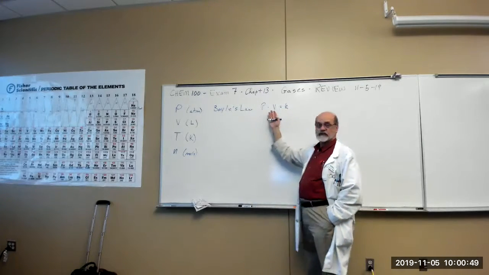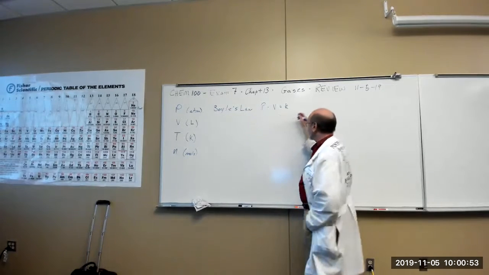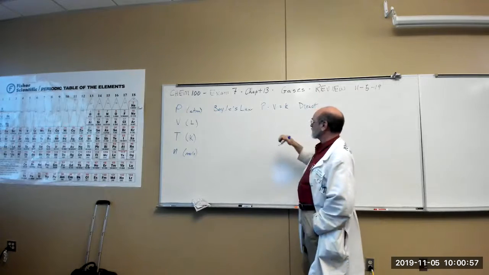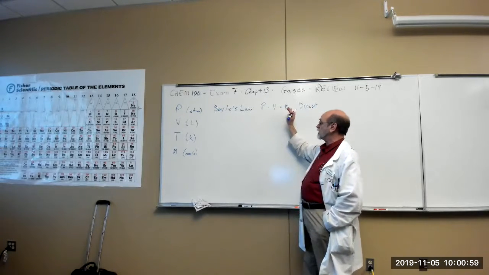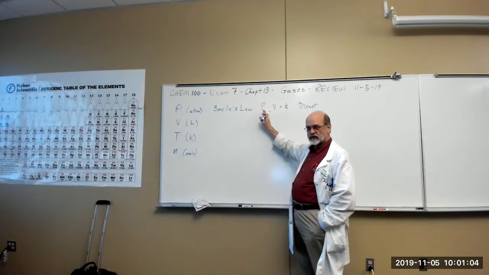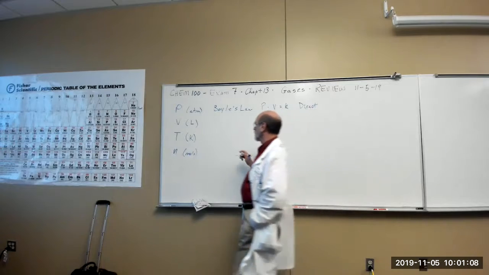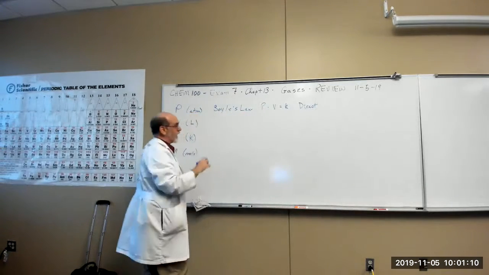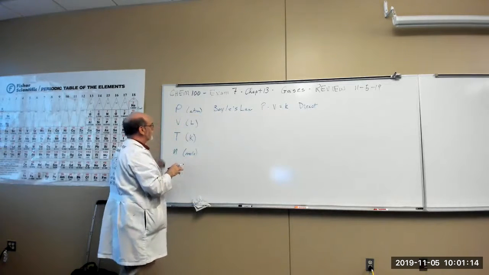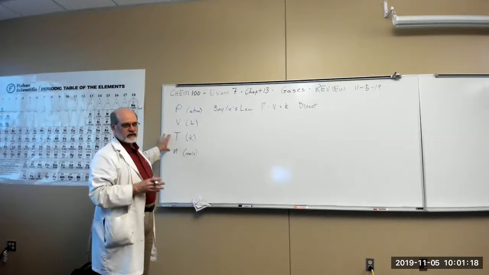Because this is a product equal to a constant, this is an inverse proportion. In other words, if the product is constant, then whenever pressure goes up, volume has to go down. So in that case, pressure and volume are allowed to change, which means that temperature and moles must be held constant.